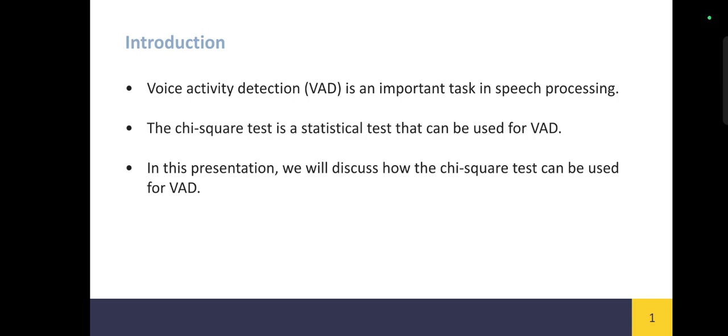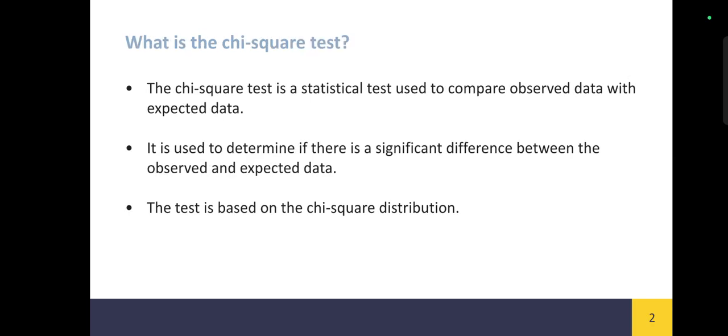Now, moving to the next slide: what is the chi-square test? The chi-square test is a statistical test used to compare observed data with expected data.